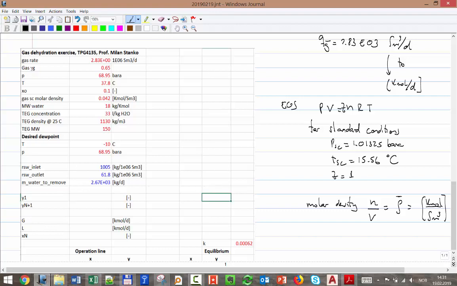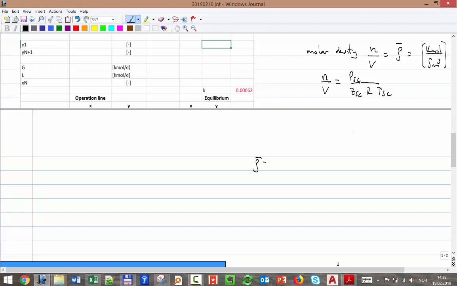If I multiply that density by the rate, then I find kilomole per day. So N divided by V is how much? It's P at standard conditions, divided by R, the universal gas constant, and T at standard conditions.